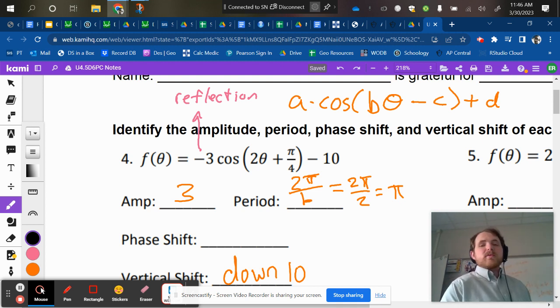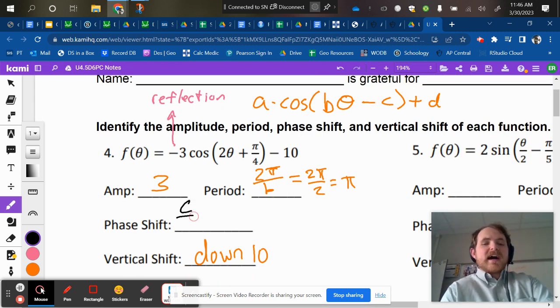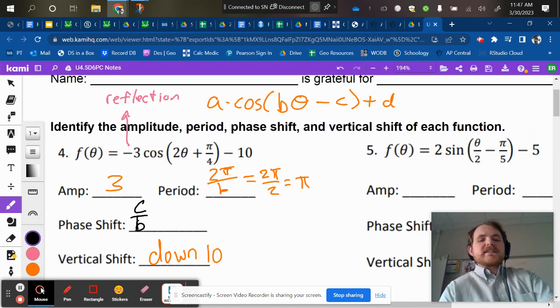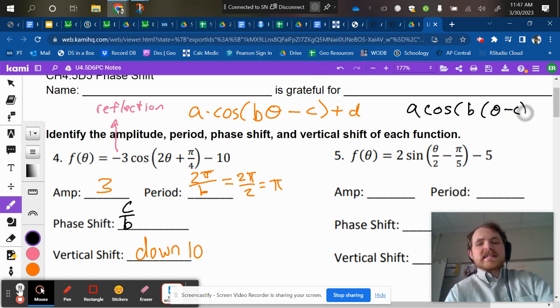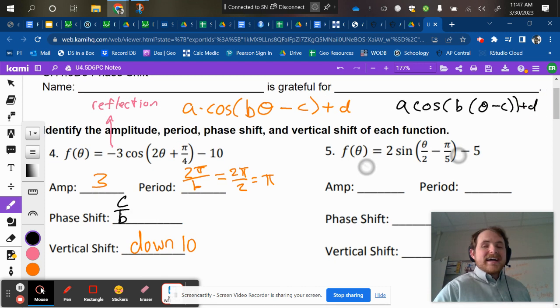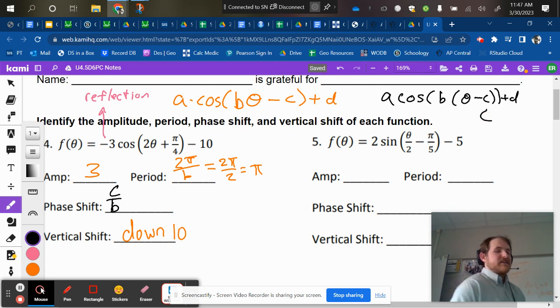If it's in the form without parentheses, your phase shift is C divided by B. If it's in the form A cosine B parenthesis theta minus C plus D, then that C value is just the phase shift.